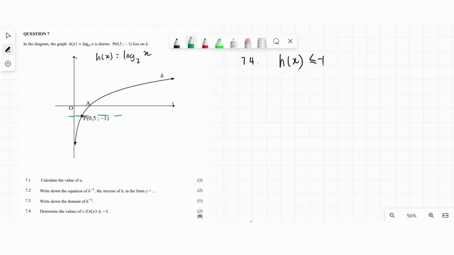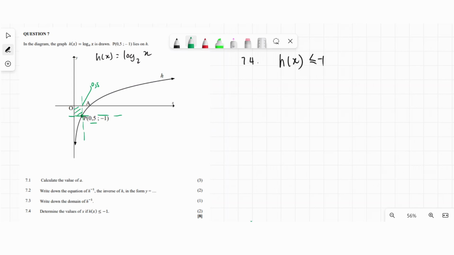But they say that we need to write our answers in terms of x. So the coordinate here is y = -1, and its x is going to be 0.5 from here. So we want h of x where it is less than or equal to -1. Where is that portion? It's going to be here.